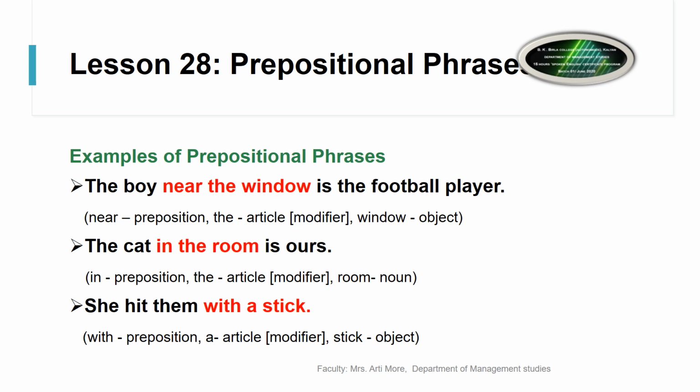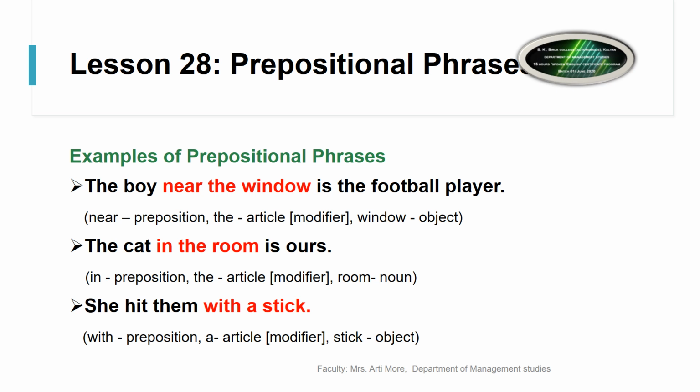The boy near the window is the football player. Here, near is the preposition, the is the article which is a modifier, and window is the actual object. So near the window is a prepositional phrase. Next, the cat in the room is ours.